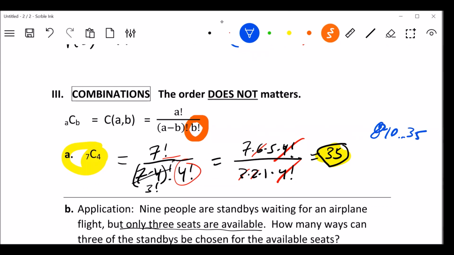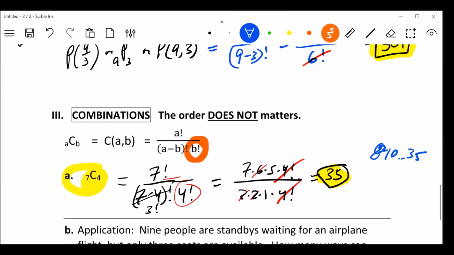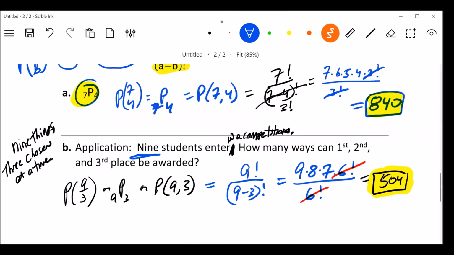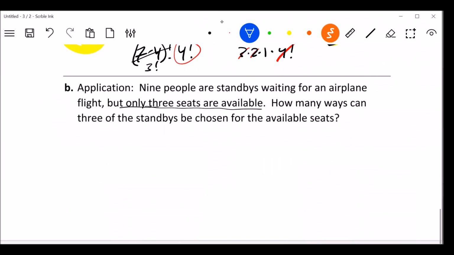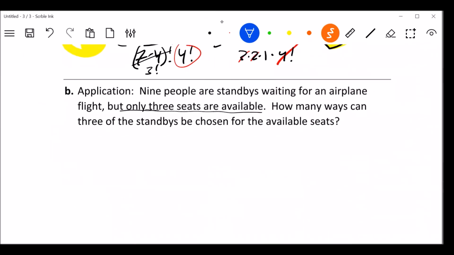And that's a pretty huge difference here. That's because for each one of the combinations, there's a whole bunch of possibilities that would be separate permutations. Now let's do it with this application here.